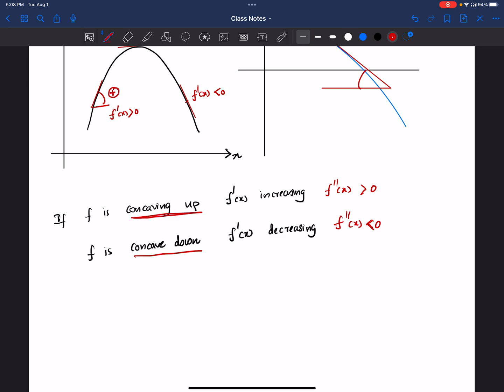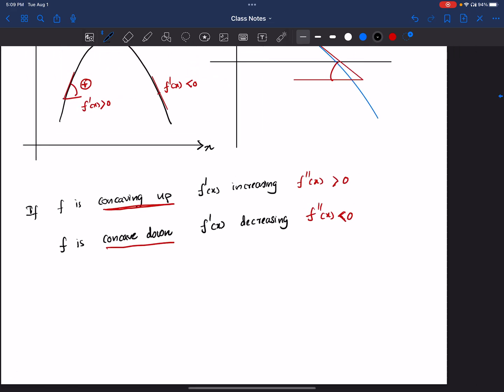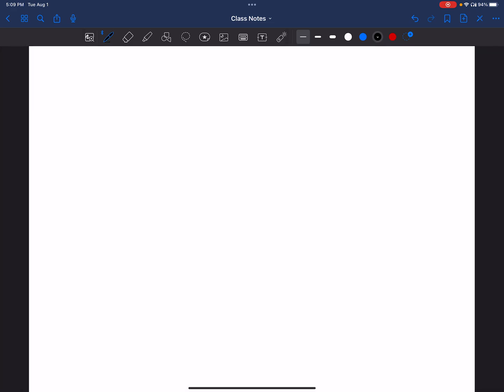Now, by looking at f prime of x and f double prime of x, we can easily figure out whether the function is concave up or concave down. Now, we sometimes have situations where the function starts with concaving down and then turns back and goes concaving up.